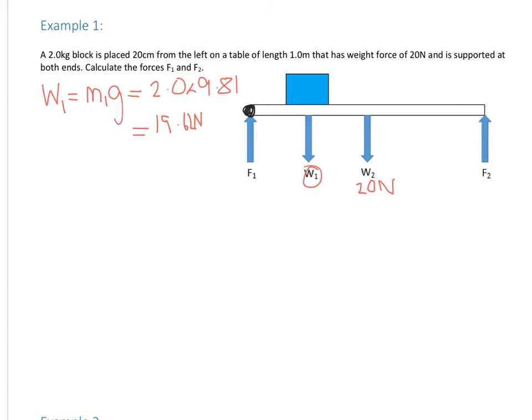If we look at the moments going clockwise, so the forces trying to make it go clockwise, you'd have W1 times the distance from the pivot of that one, and then you'd also have W2 times the distance from the pivot.